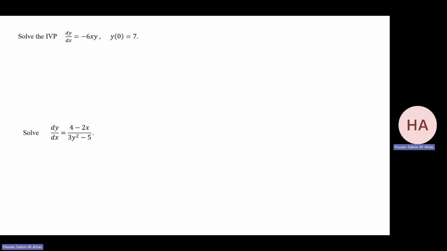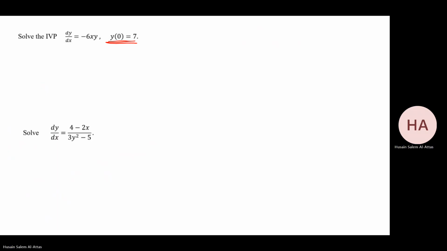The idea, as I said, is very simple. We write the y on one side and the x on the other side, and we just integrate. That's it. If you want, you can solve for y. This is the first one. Sometimes you can link it with the initial value problem, just to find the constant.